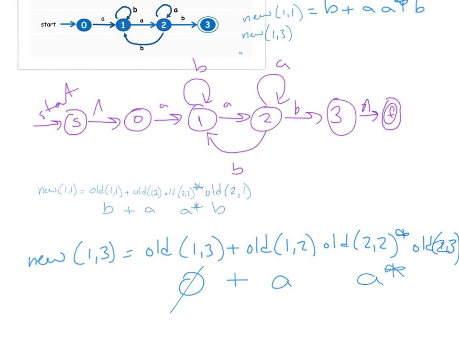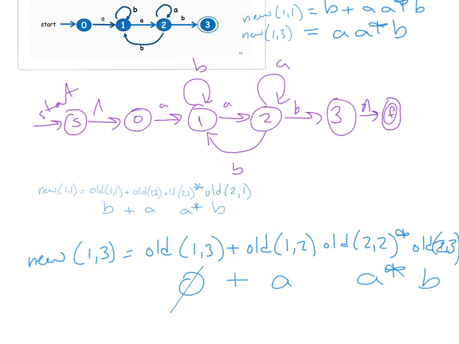The old 2 to 3 is just this B. And of course, taking the union of the empty set with anything else just gives us that anything else. And so we figured out that the new 1 to 3 is the same as A star B. Cool.